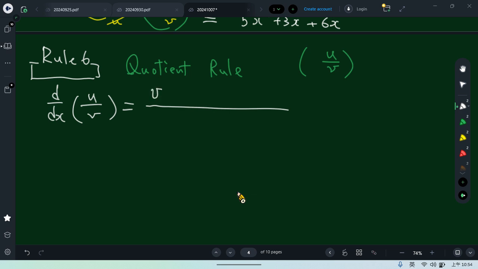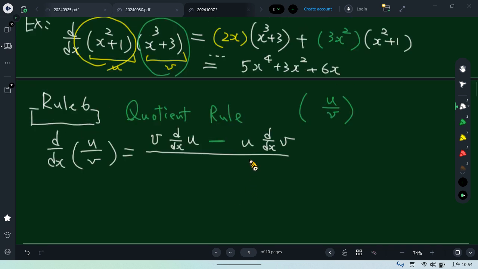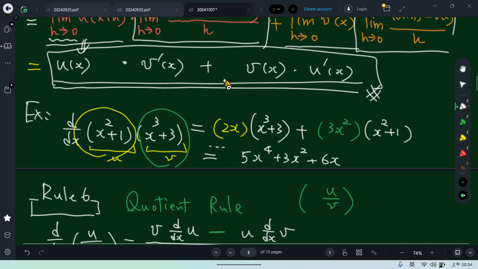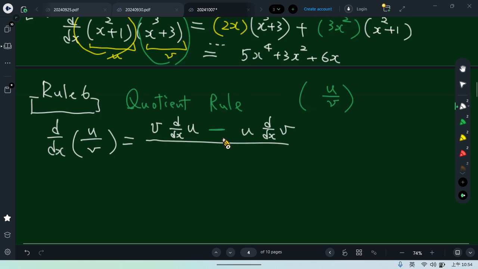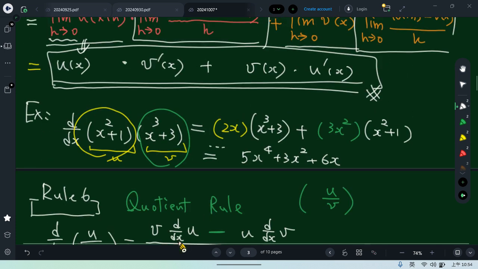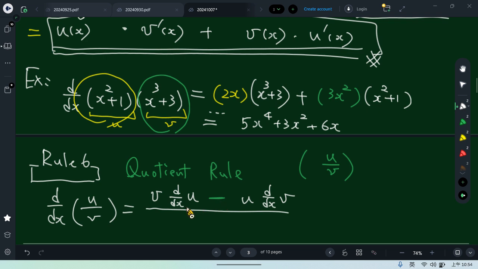It will be v differentiate u, then minus u differentiate v. So it is a little bit similar to the product rule, right? But don't forget it's subtraction. Subtraction means you cannot exchange the order, so the order is very important.